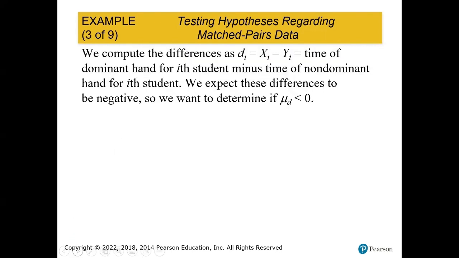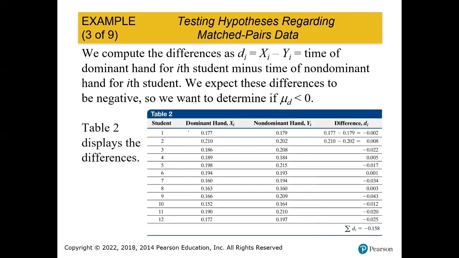The process for doing matched pairs is you compute the differences between the two of them. So you take the first one minus the second one, and that's going to give you a difference. If the difference is negative, that means that this first one is smaller than the second one.